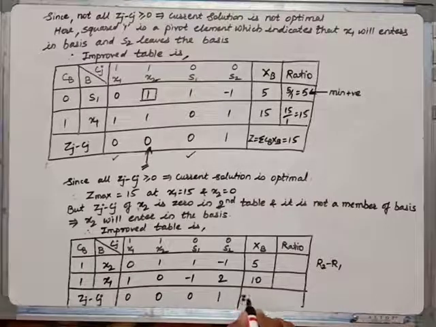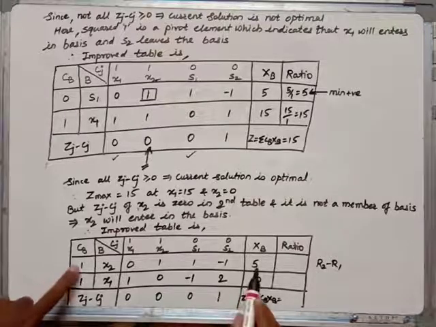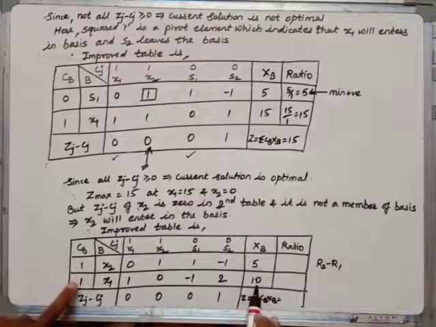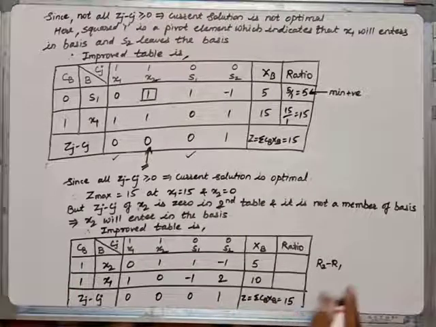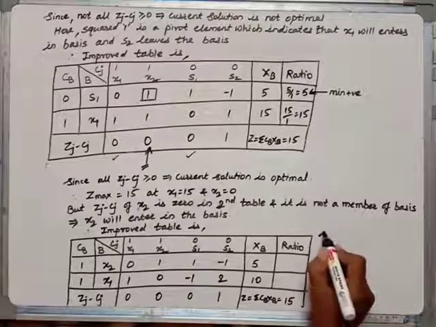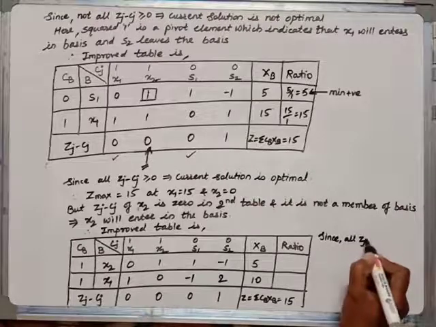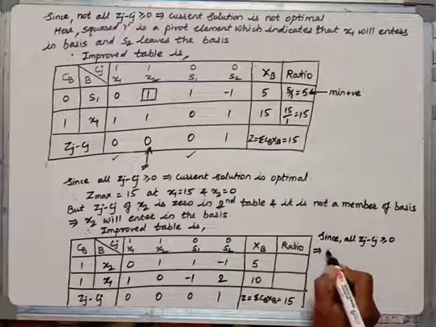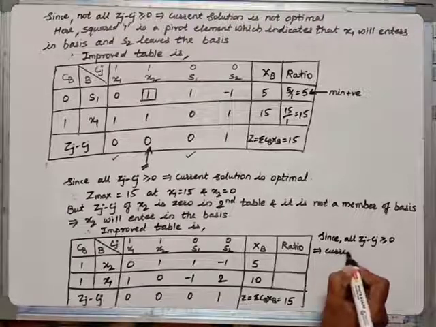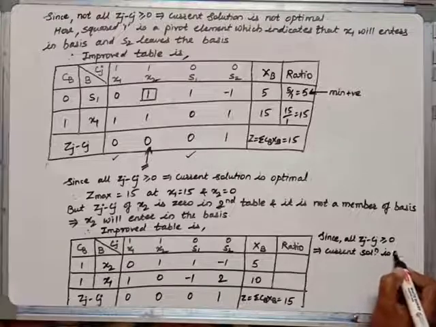Now let us check what is Z. Z is summation CB XB. So CB XB, it will be 1 into 5, 5 plus 1 into 10 is 10. 5 plus 10 we get 15. So here also I can write, since all Zj minus Cj greater equal 0 implies this current solution is optimal.